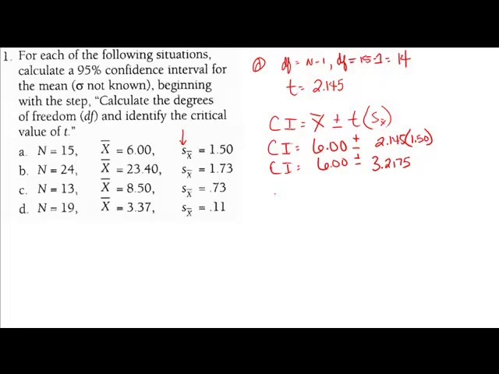So my confidence interval, or my range of values, let's start with the smallest one, 6 minus 3.2175 is going to be 2.7825. Let's call that 2.78. And my upper bound is going to be 6 plus 3.2175, which is 9.22.